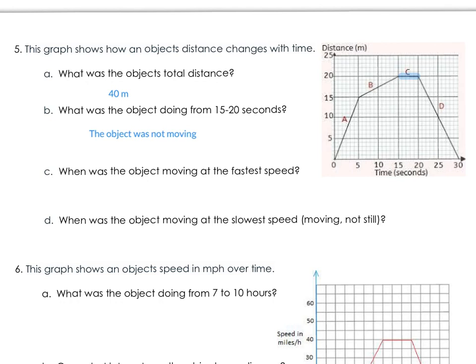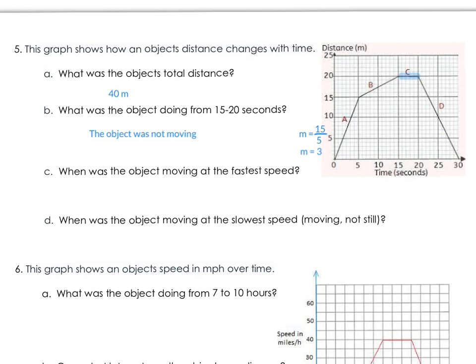When was the object moving at the fastest speed? Well, to answer this, you can either look at the steepness of each slope or you can actually calculate it. I think that part A and part D both look like they're pretty similar. So I'm going to find what those slopes are. This one is rising 15 over 5, so that would be a slope of 3.